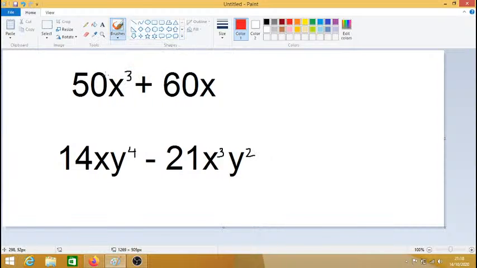Try to spot the common factor first. Try and pull that to the front of the brackets. Okay, just one more minute for you to have an attempt at this.